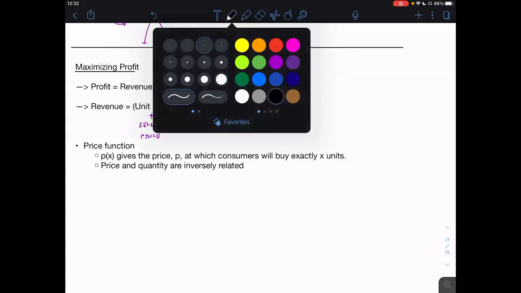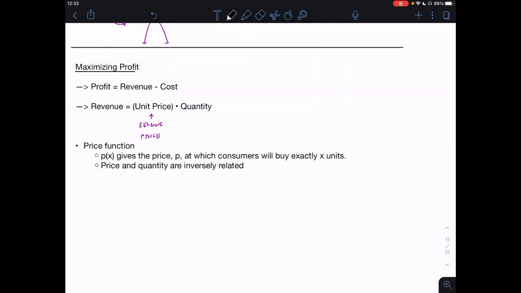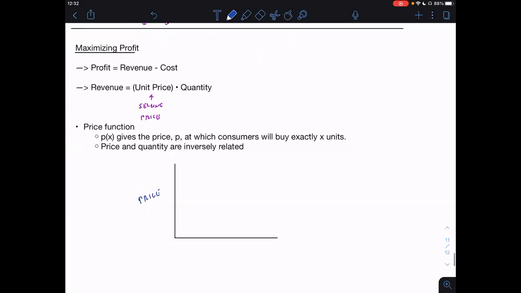Let me illustrate this relationship. Here we have a y-axis and x-axis for graphs. Suppose the y-axis represents the price per unit, and the x-axis is our quantity, the amount of units that consumers will buy, represented usually by x.